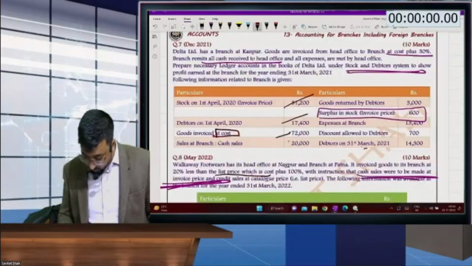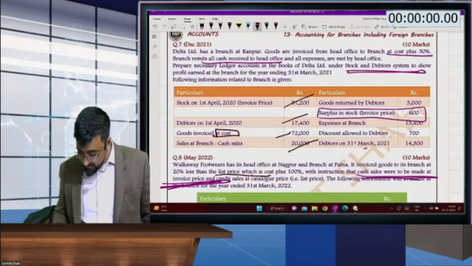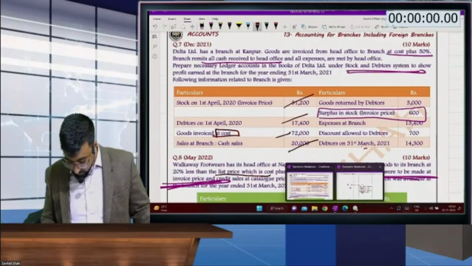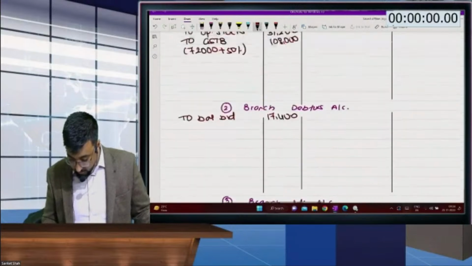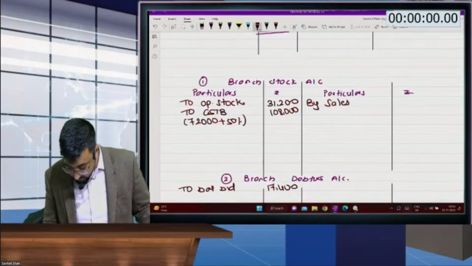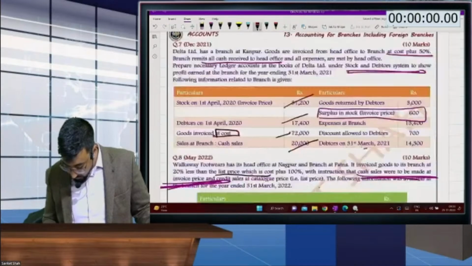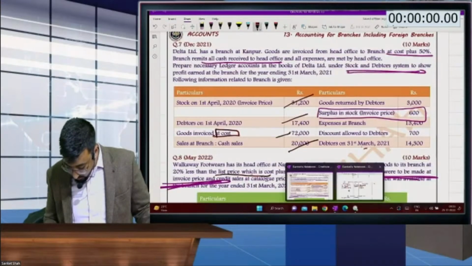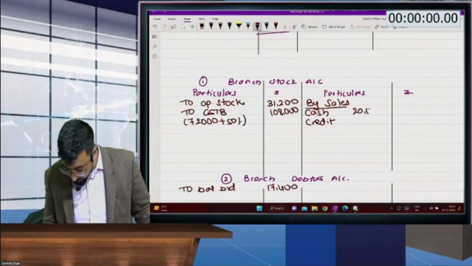Let's go, sales. By sales, cash and credit. Cash sales 20,000 and less returns.